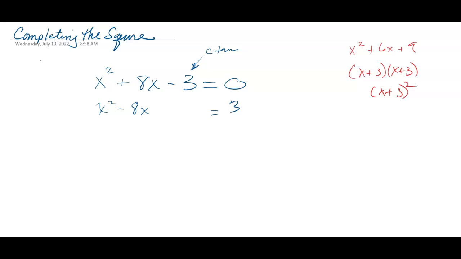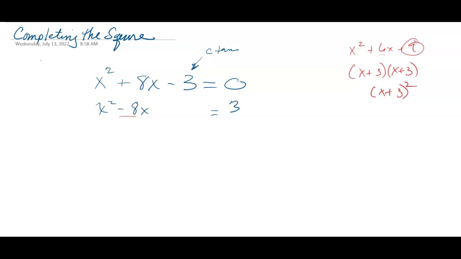So that's what makes the trinomial x squared plus 6x plus 9 a perfect square. So what's the relationship? Well, if you take half of 6 is 3, and you square that, you get a 9. So in order for this one to be a perfect square, there had to be a 9 in this position. So let's apply that here.